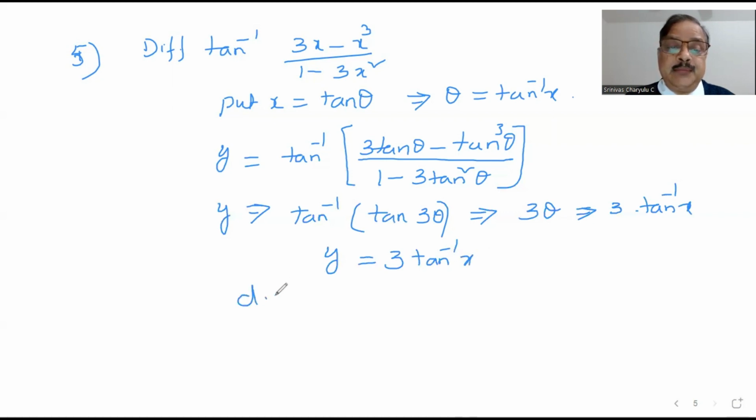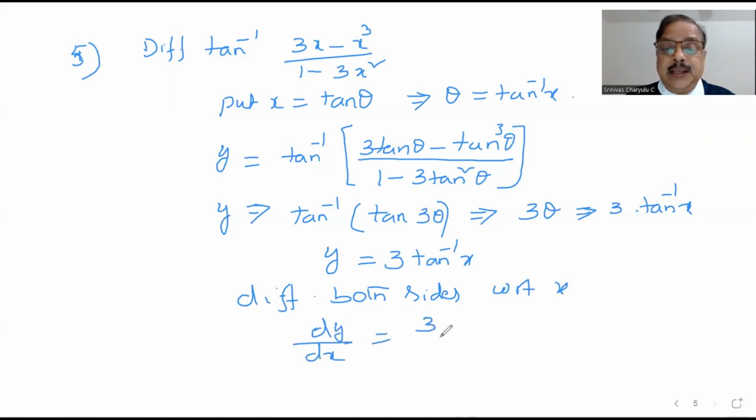Now differentiate both sides with respect to x. So dy by dx is equal to 3 by 1 plus x square. So this is a simple sum, but substitutions we should remember. These identities also we should remember.